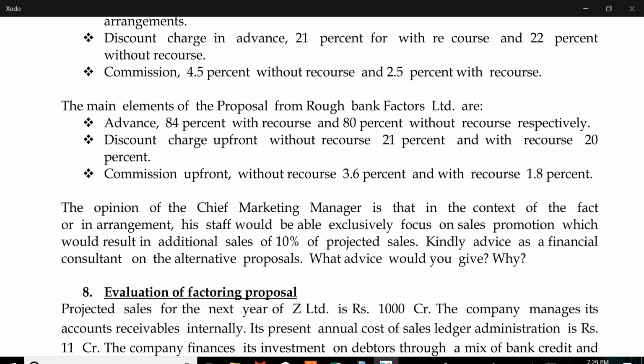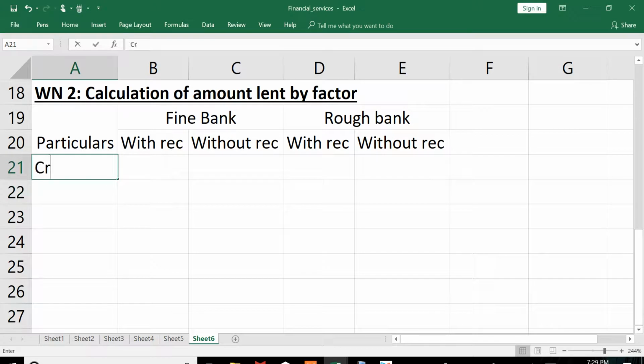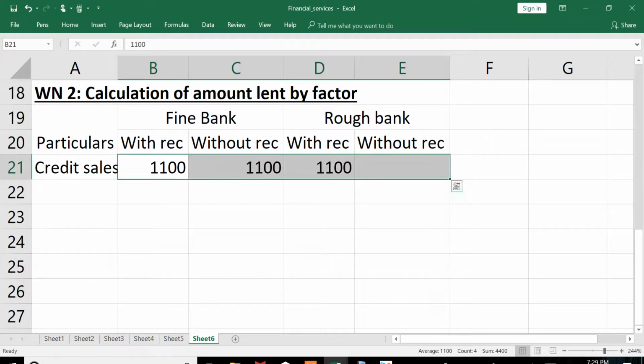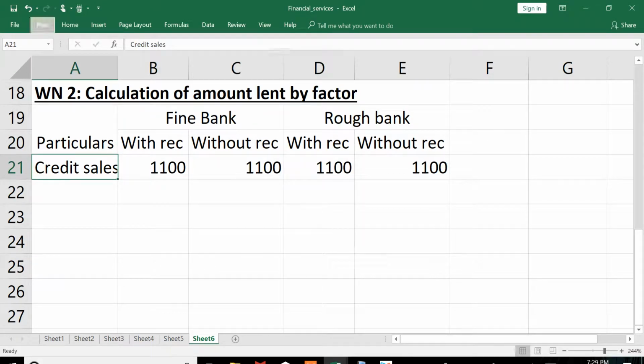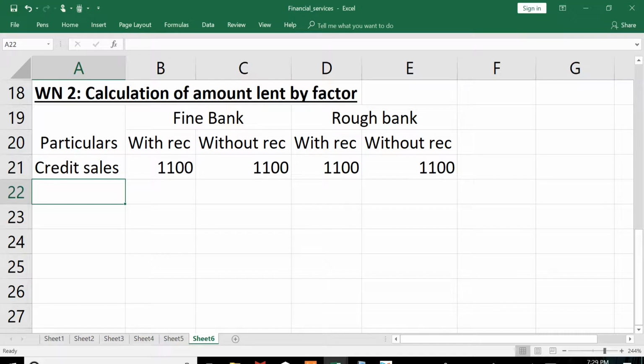Now let's start first. Credit sales, 1100 crores. Next comes receivables.